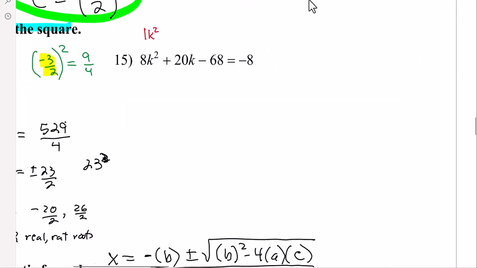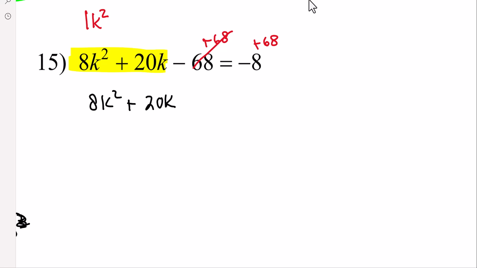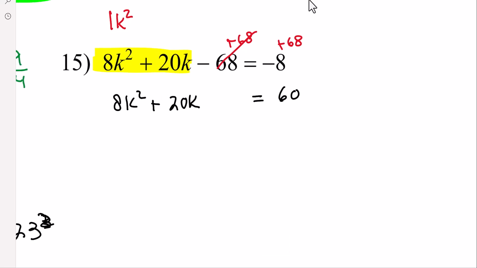Okay, so now we still want to get the first two values by themselves. So we're going to add 68. So we have 8k squared plus 20k is equal to positive 60. However, in order to complete the square, the lead coefficient has to be 1.